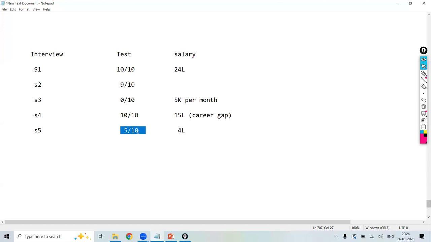When he cannot complete, can I get the money from the client or not? No. When I can't get the money, can I pay 4 lakhs or not? Now you tell me, without the subject, should I hire the person with low salary or not?